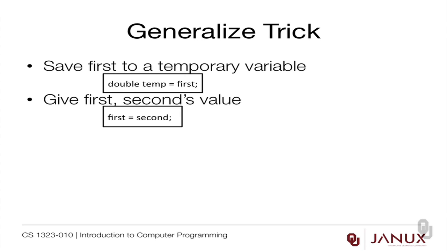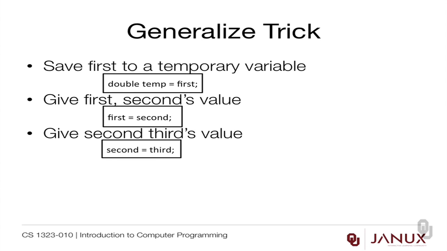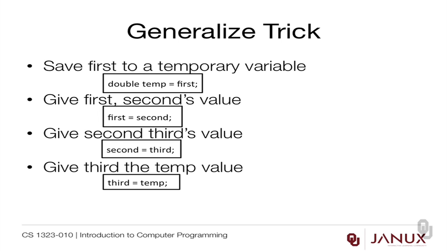So this is first equals second. That means take the value in second and put it in location first. Then we give second third's value. So second equals third. Take the value in third, put it in location second. Then at the end we can give third the temporary value. So that is third equals temp. Take the value in temp and set it in third.